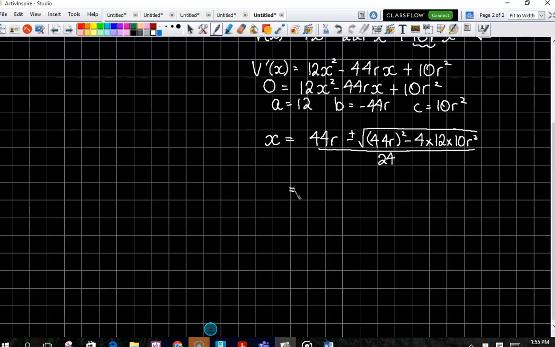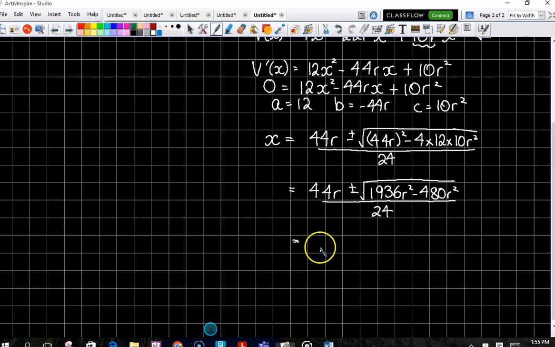Okay, so we're going to simplify this. We go 44r plus or minus, what's 44 squared? Right, had to go to the calculator for that bit. 1,936r squared, take 480r squared, is 1,456r squared. And we're simplifying.